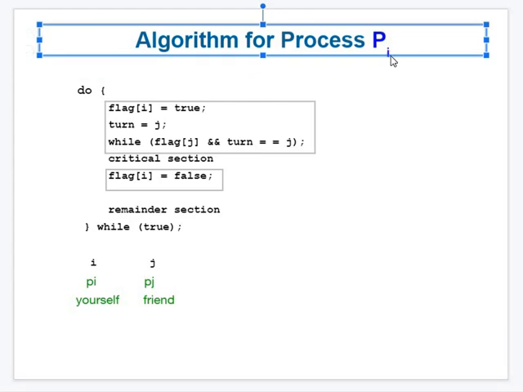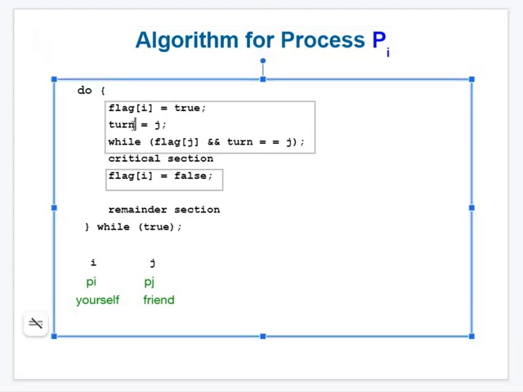For P of J, first, flag of J is true. It indicates that on Wednesday your friend has the textbook, and Wednesday and Thursday he has to read. Next, who is waiting on Wednesday for the textbook? You are waiting, because Monday and Tuesday your work is done and Wednesday and Thursday he has to do his work. So turn is waiting.